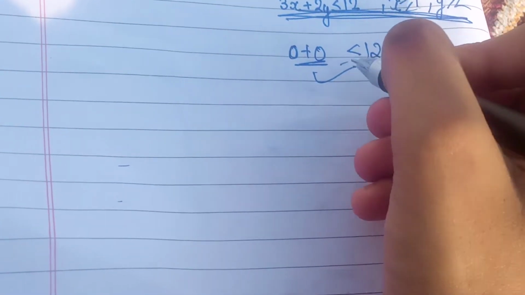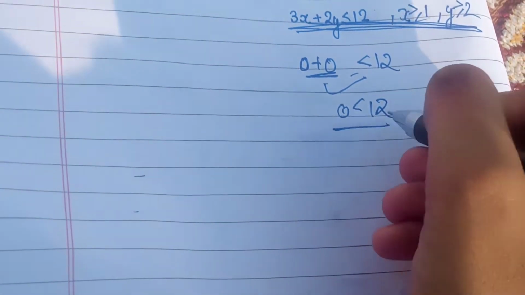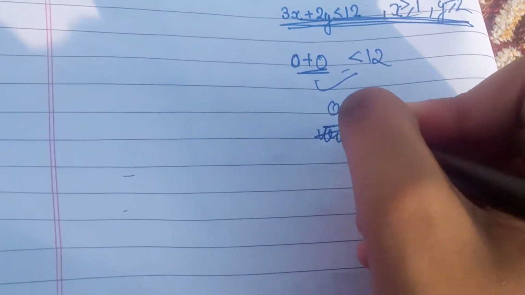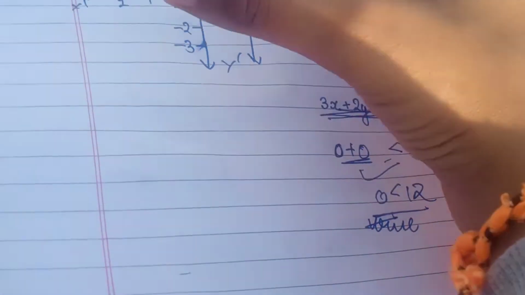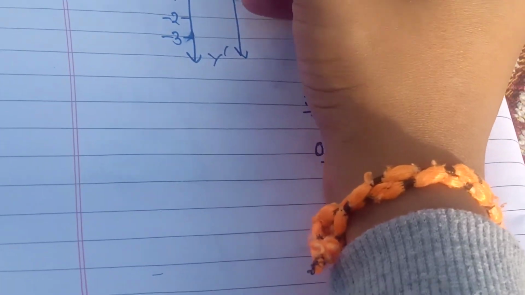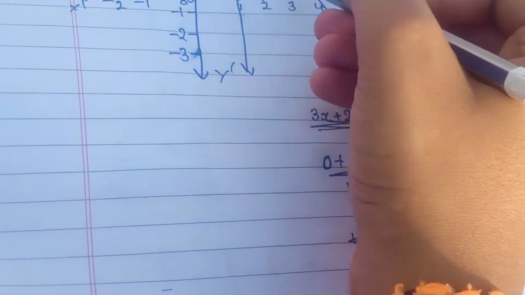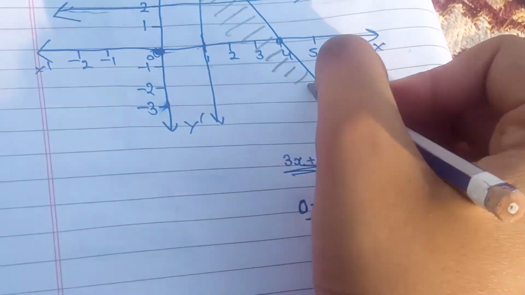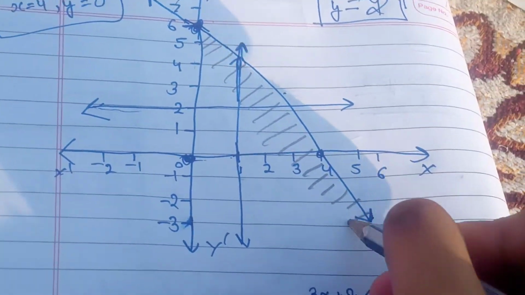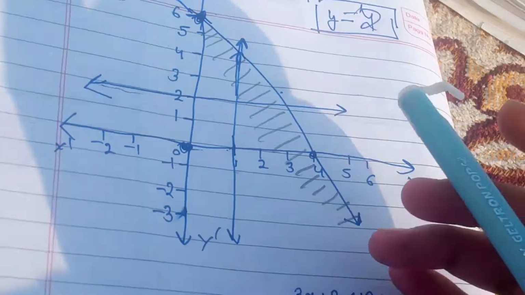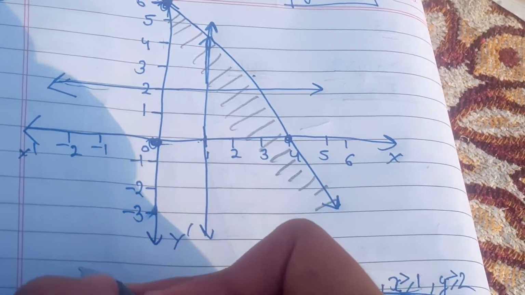Yeah, this is true, 0 is less than this. This is true, so this side will be taken. Let me give you a reference, so this side will be taken. I am using pencils to make it more neat. After that, another equation is this.